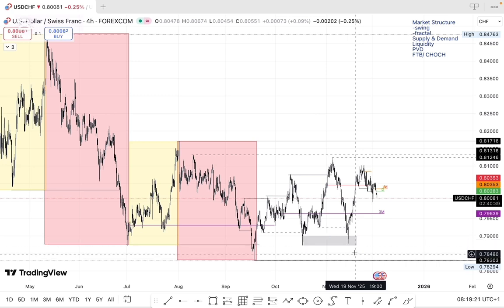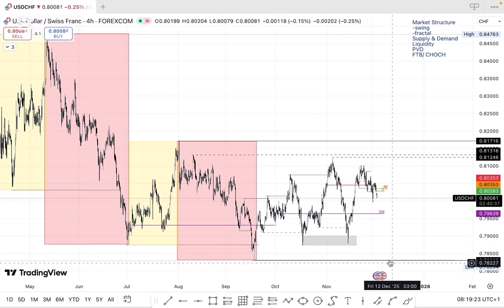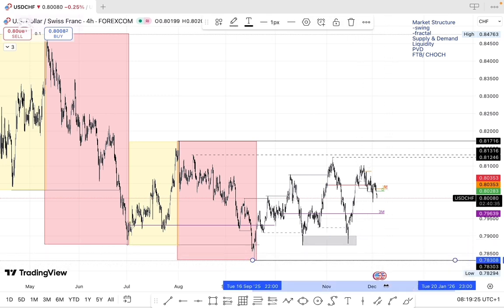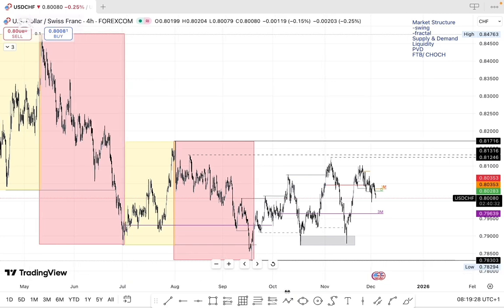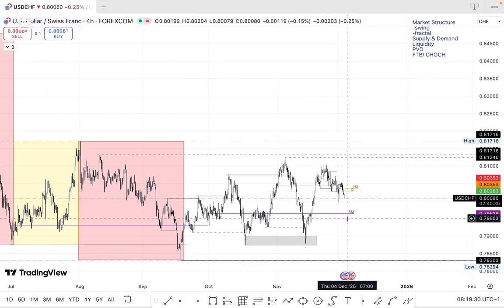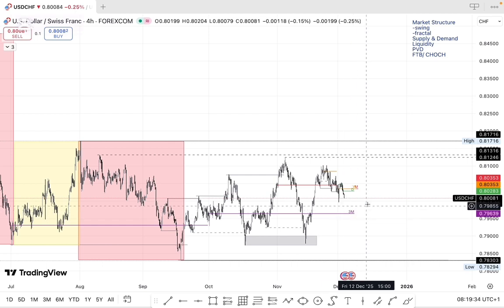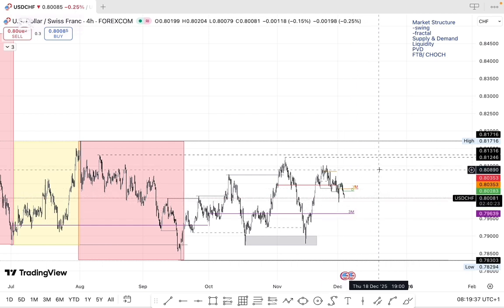If it had, we would have continued with the downtrend. Nevertheless, we see price continue to push lower, and maybe when price gets to the 3 monthly open, from there we will continue going higher again to take out this liquidity here.